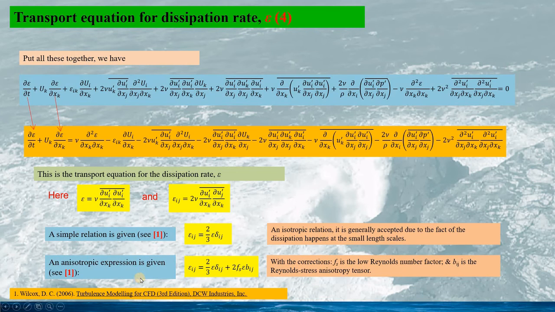And then the anisotropic expression is given by this, with the correction term here. Fs is the low Reynolds number factor, and Bij is the Reynolds stress anisotropy tensor.